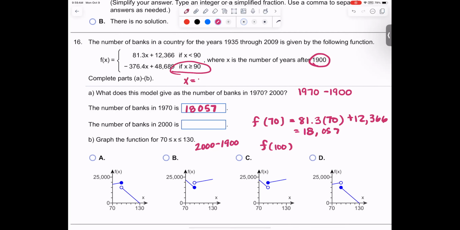If x equals 100, that would be the second part of this function that I would use to evaluate. All right, get myself back in gear here. And I get 11,049.